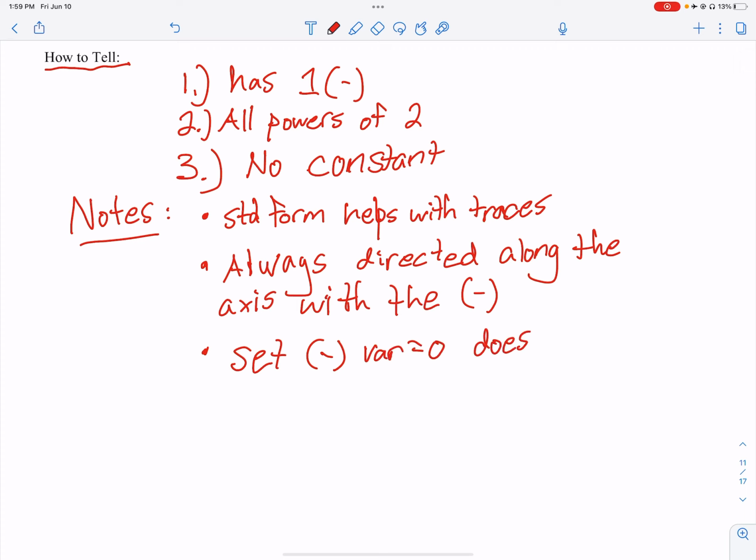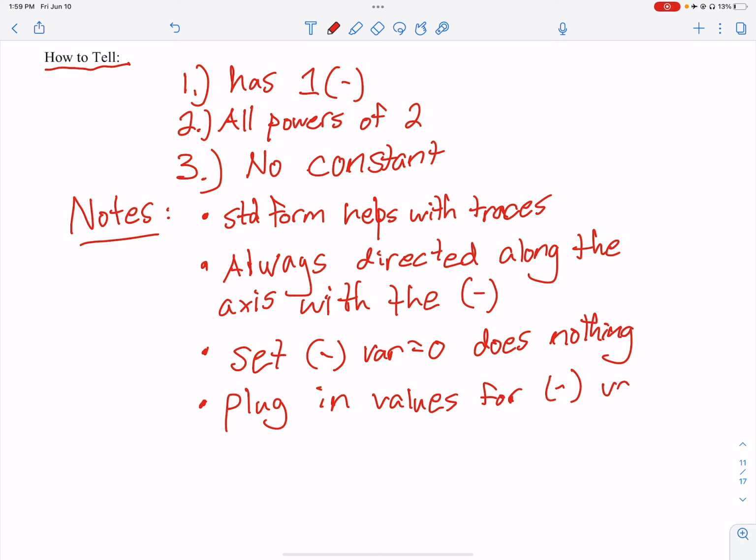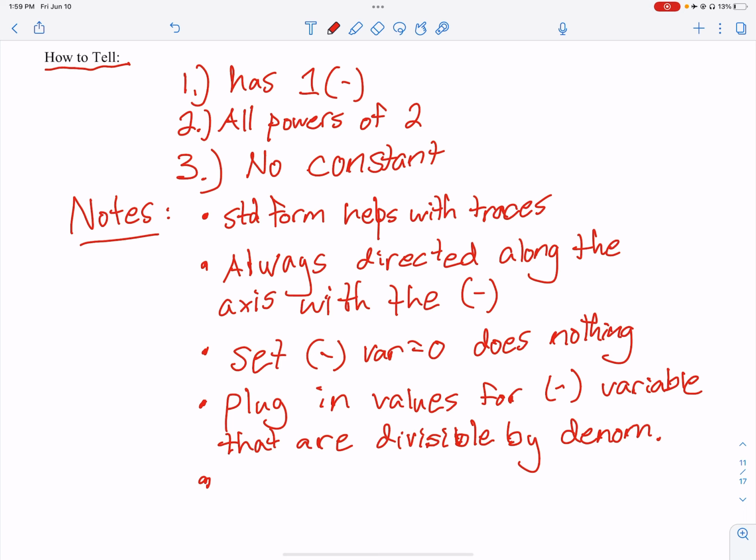So this is what is useful: plug in values for the negative variable that are divisible by the denominator.